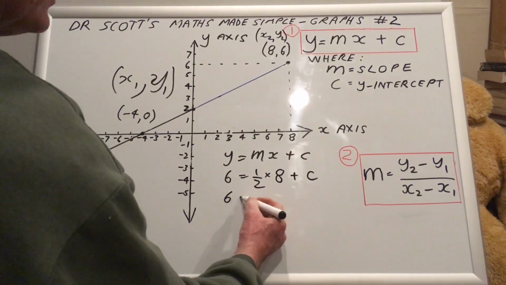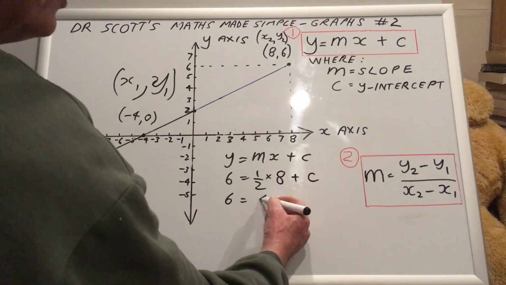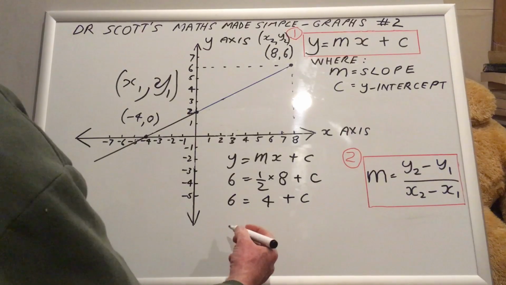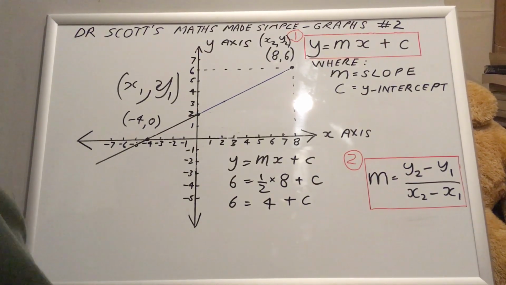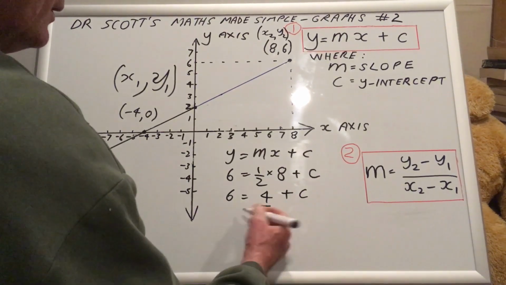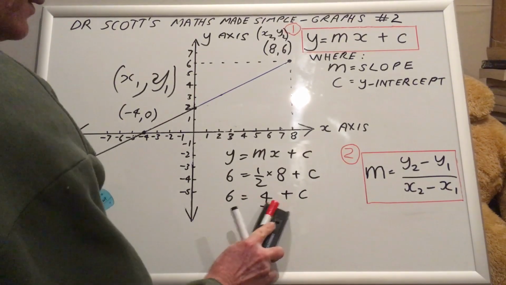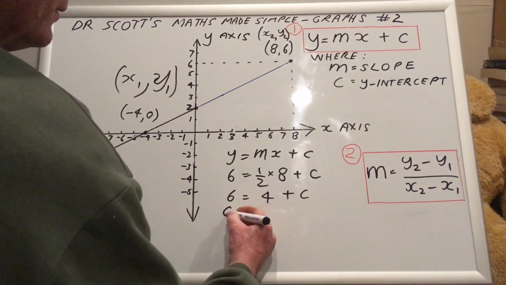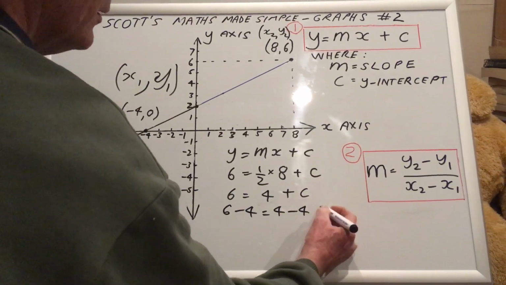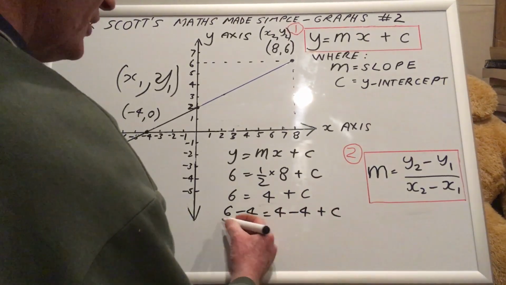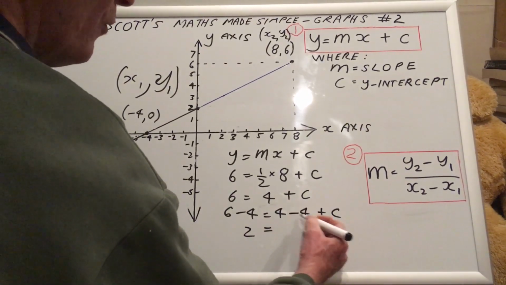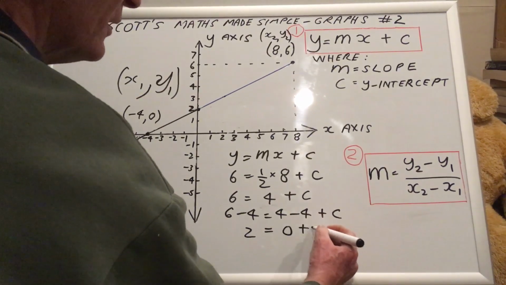So we keep going: 6 equals 1/2 times 8, which is 4, plus c. Let's subtract 4 from both sides. So 6 minus 4 equals 4 minus 4 plus c. 6 minus 4 is 2, and 4 minus 4 is 0, plus c.